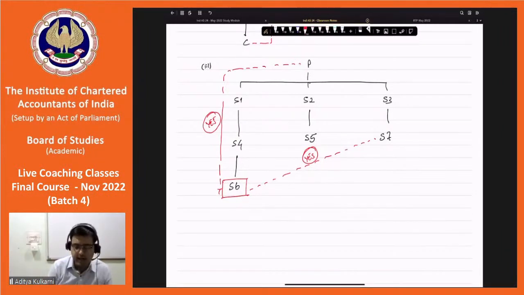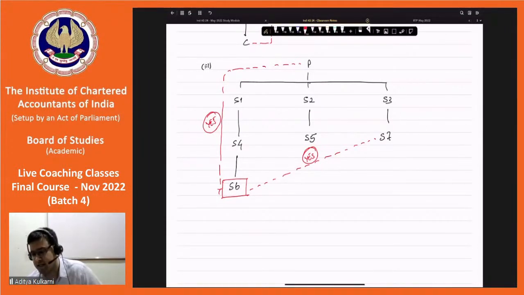So in this case S1, S2, S3, S4, S5, S6, S7 are all co-subsidiaries or fellow subsidiaries. Co-subsidiaries, fellow subsidiaries are always related with each other as well as with the parent. Parent is obviously related to all the subsidiaries.